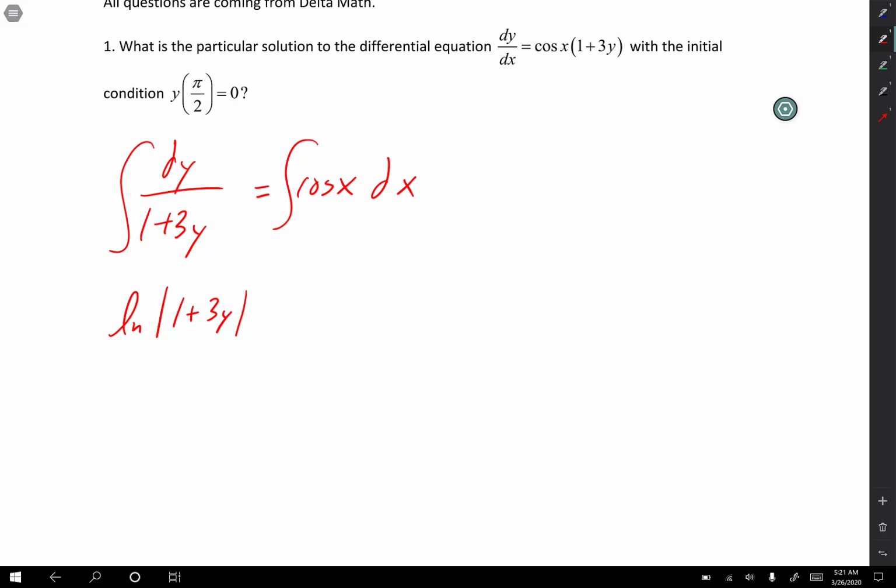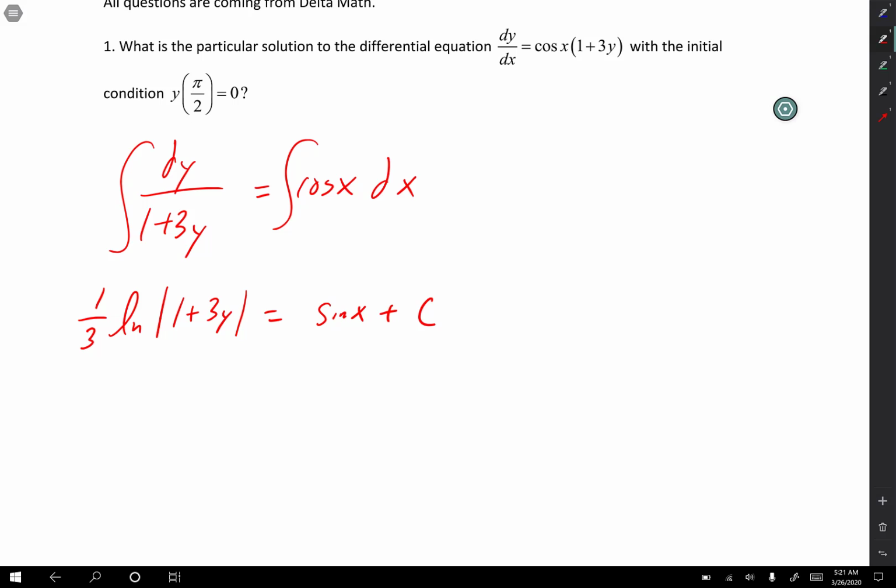I don't have a 3 in the numerator, so that means I've got to put a 1/3 in the front of that. Equals, and the antiderivative of cosine, let's see, derivative of sine is cosine, there it is. And then I'm going to write plus c. I don't see any errors at the moment.